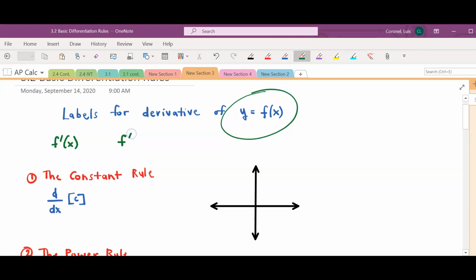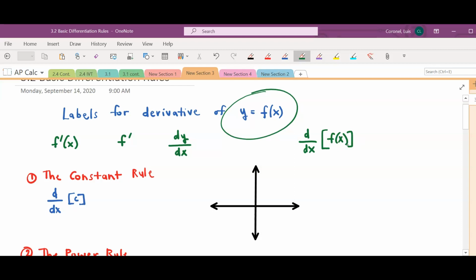That would be the derivative of y. Another notation would be dy dx, dy over dx. So we're taking the derivative of y with respect to x. Another notation would be d/dx of your f function.